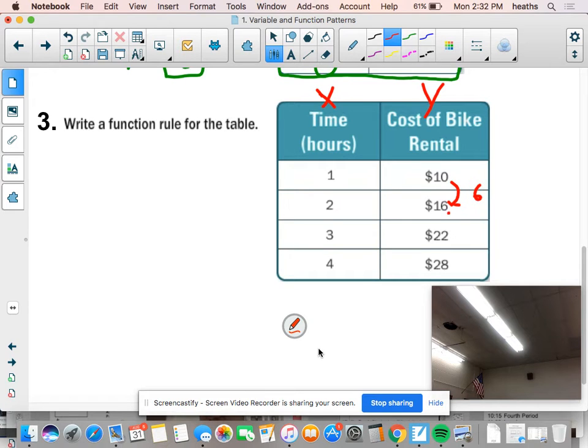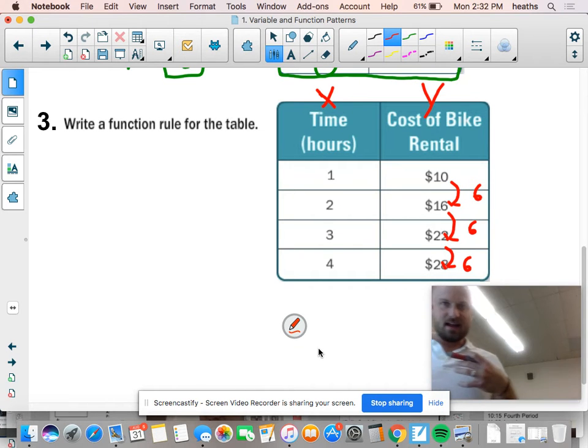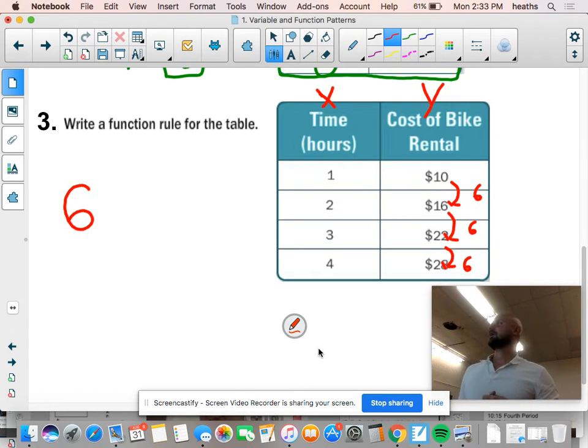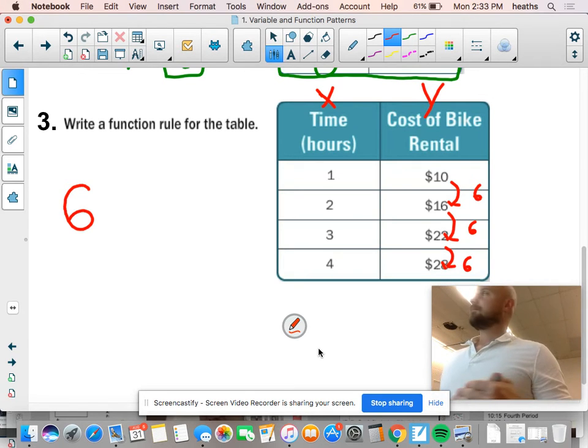From 16 to 22, it goes up another 6. And from 22 to 28, it goes up another 6. So I think that my function rule needs to begin with a 6, right? So we're going to start with 6.